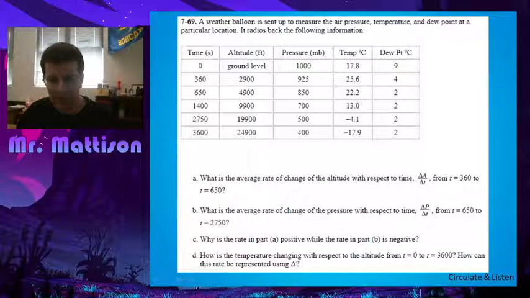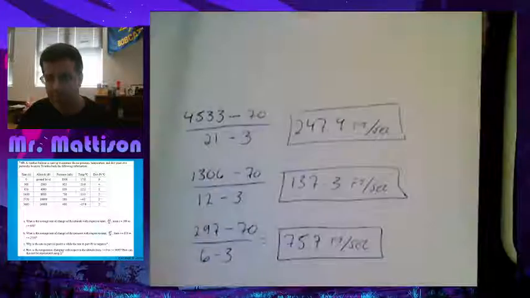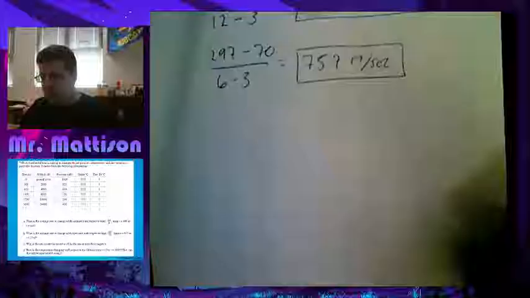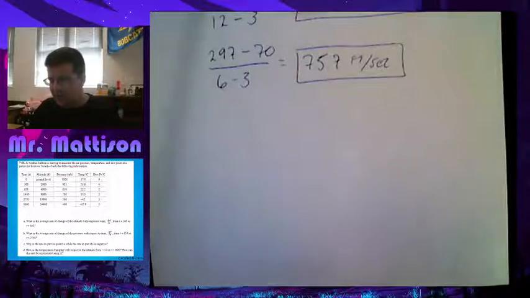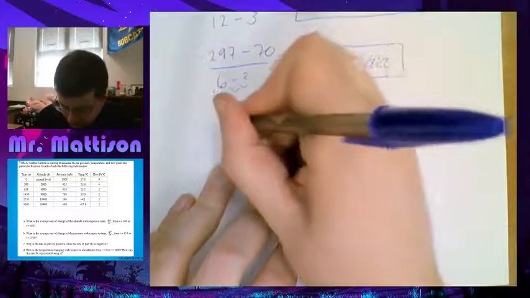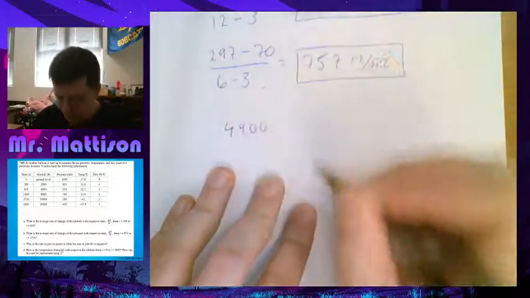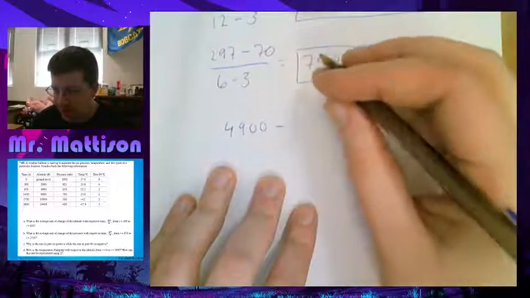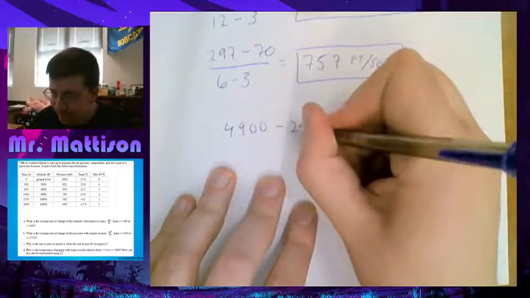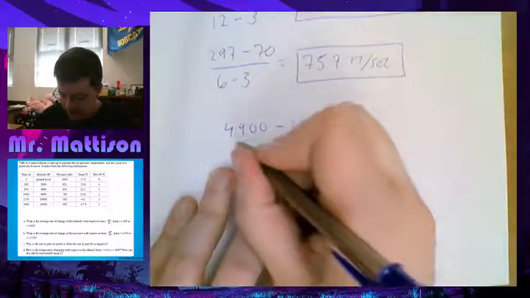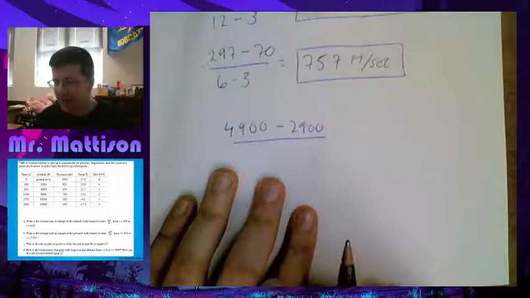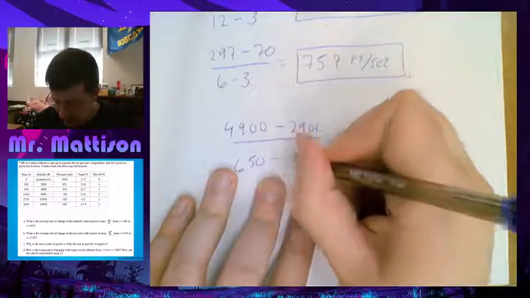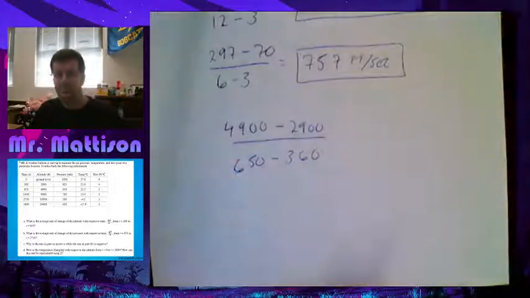At 650, my altitude is 4,900, minus at 360, it's 2,900, over my change in time, which was 650 minus 360.